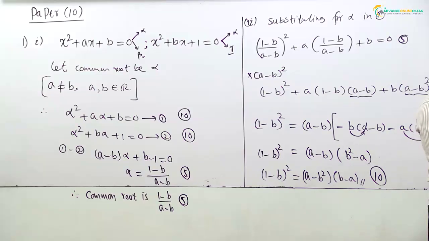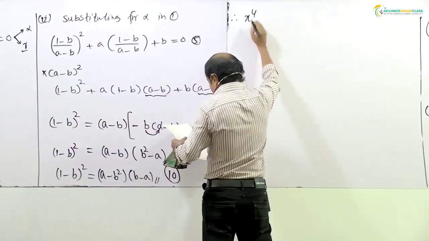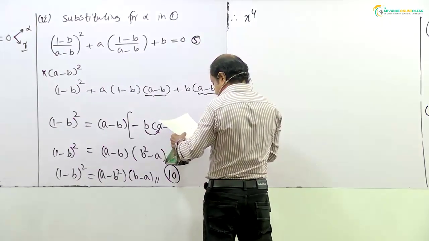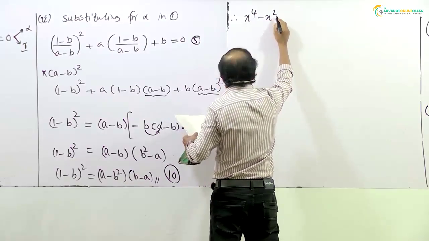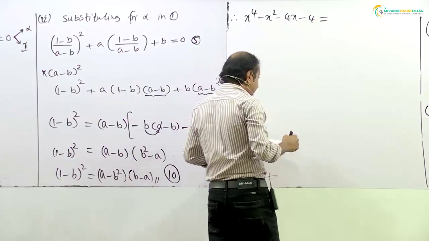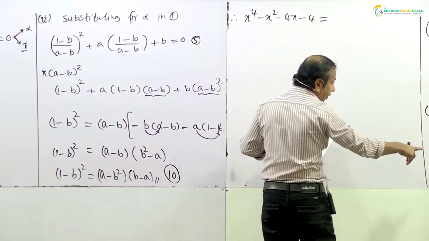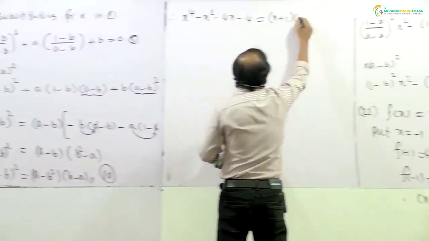Okay. Then I can write, therefore, x^4 minus x squared minus 4x minus 4. I can write product of the factors x plus 1, x minus 2. Right.